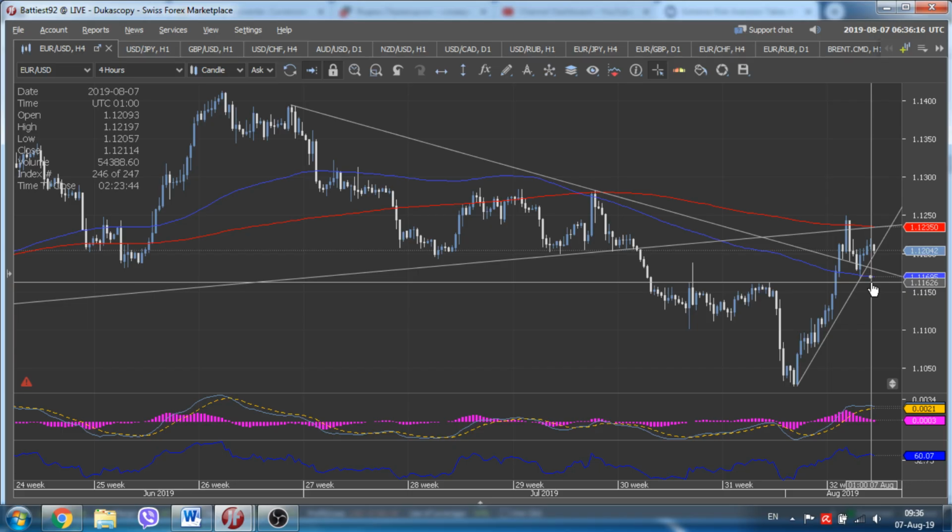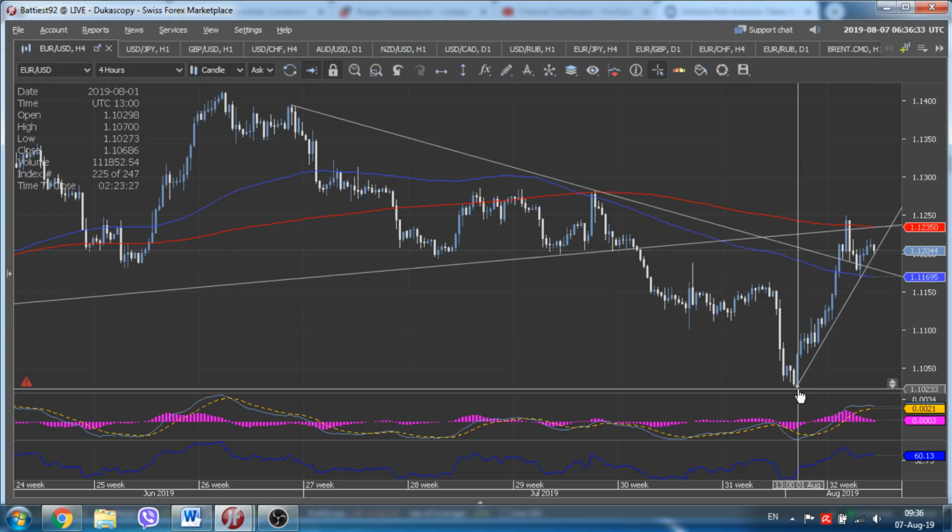Breaking below that level should, from a technical point of view, take the pair further to the downside, and this could provoke even a retest of last week's lows that were printed around 1.1025.